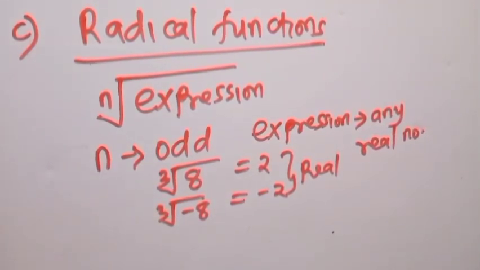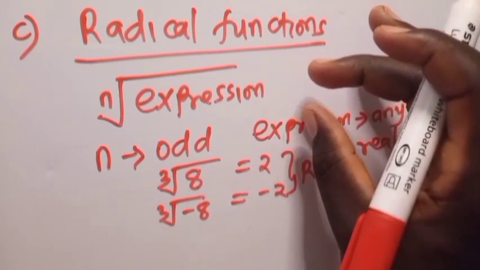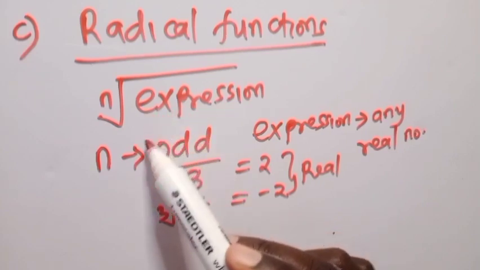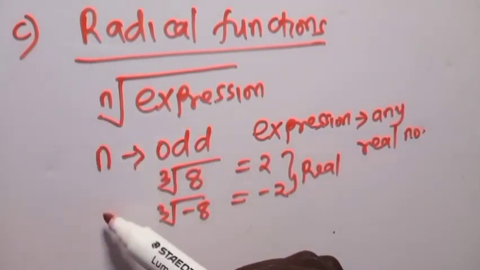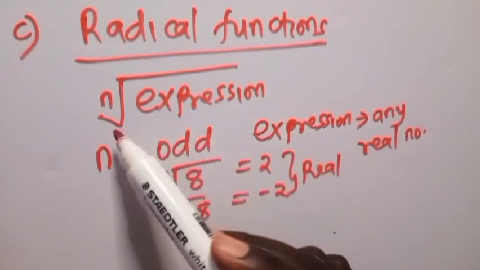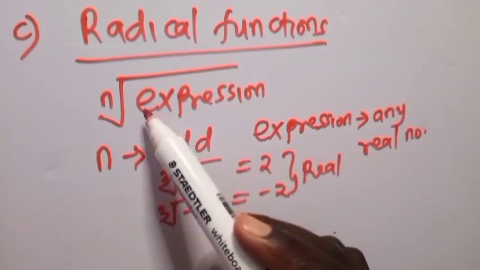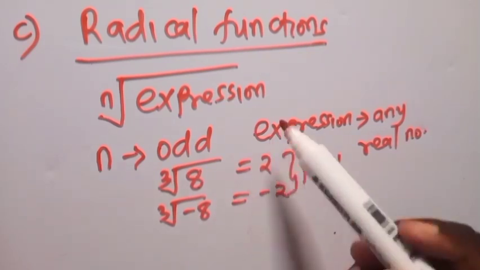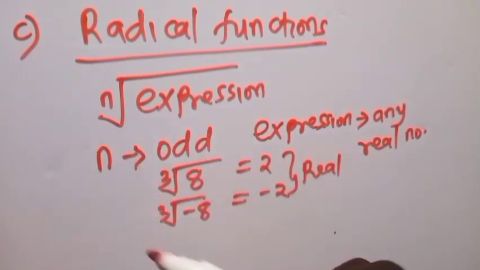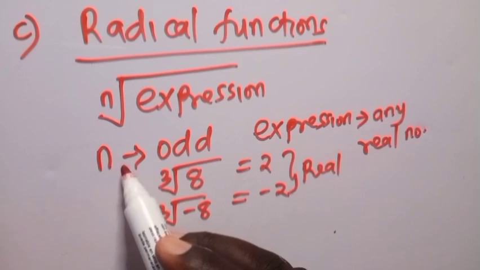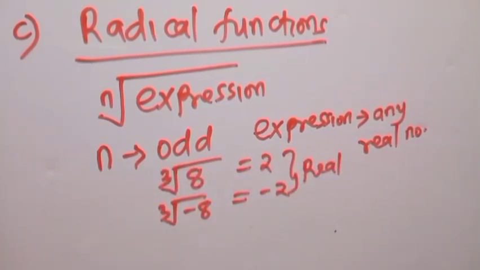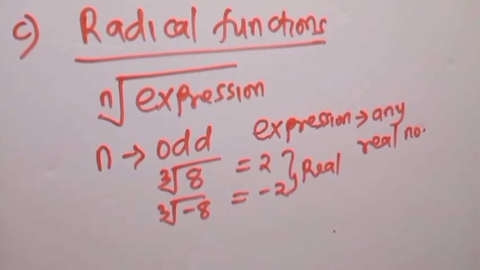And in this case, we are considering radical functions that have an odd index, because all radical functions have the root sign. For a function to be radical, it has the root sign, and therefore if the index is odd, then we can say the domain of that radical function is all real numbers.